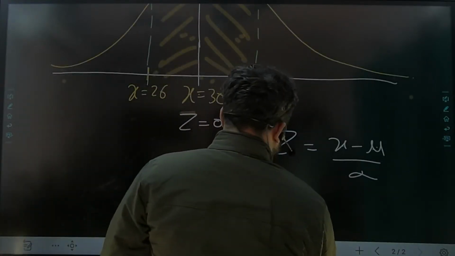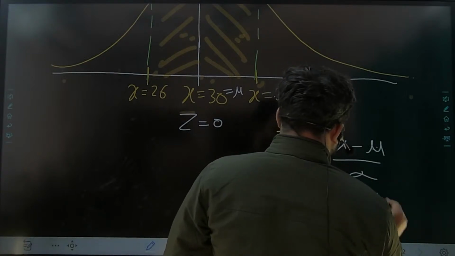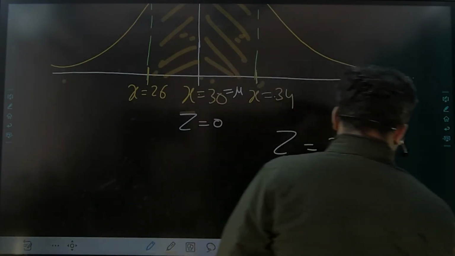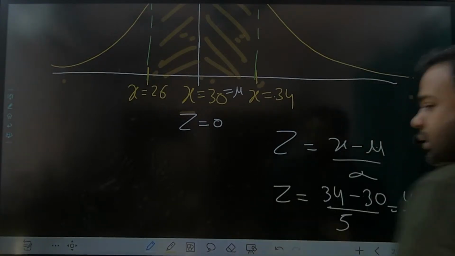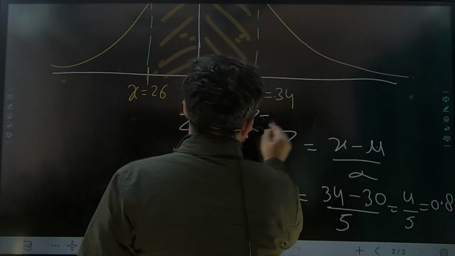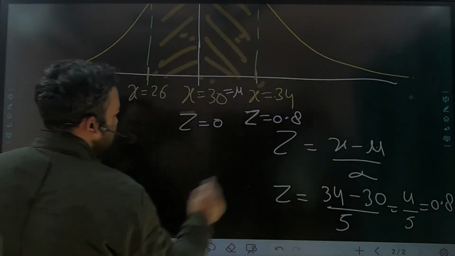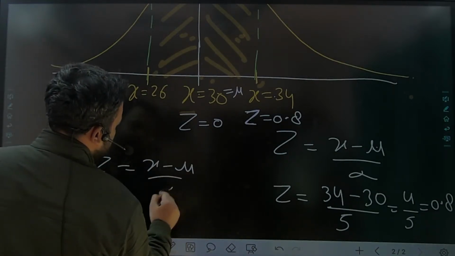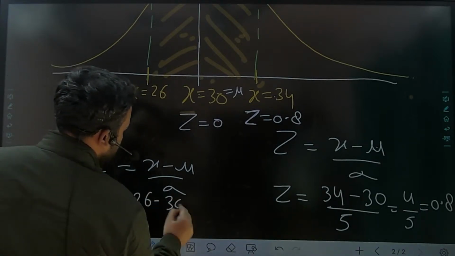So z here: x is 34, mu is 30, and the standard deviation has been given to us as 5. So this is 4 upon 5, which is equal to 0.8. The z-score for x equal to 34 is 0.8. Now calculate the z-score for 26. z is equal to x minus mu upon sigma, which is 26 minus 30 divided by 5.